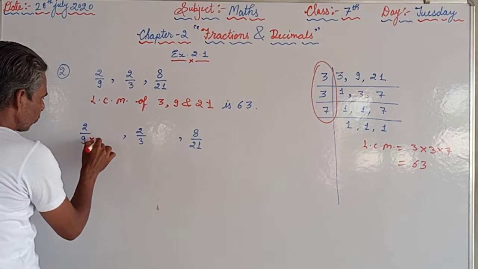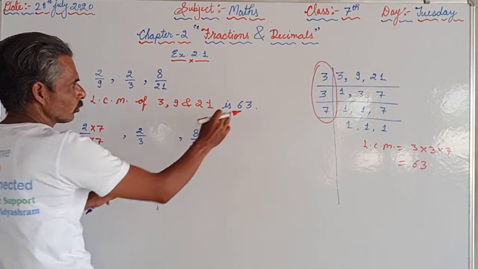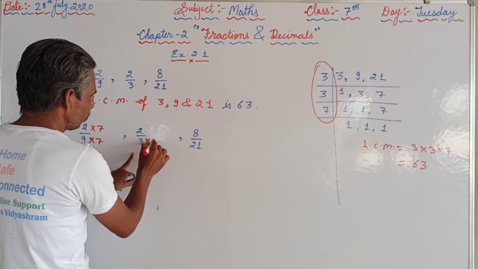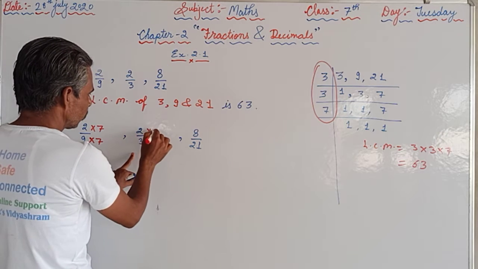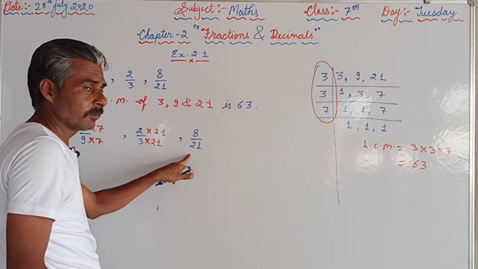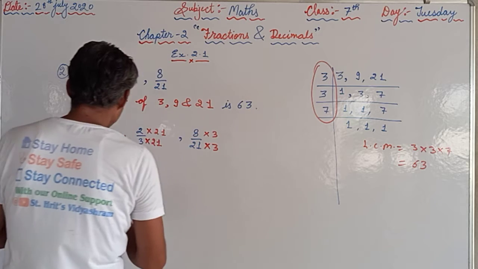So we multiply by 7 here, and by 7 here. Then we divide 63 by 3 and we get 21, so 21 here and 21 here. 63 divided by 21 is 3, so 3 here and 3 here.